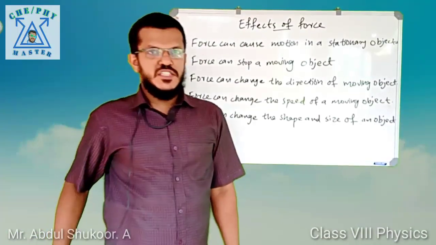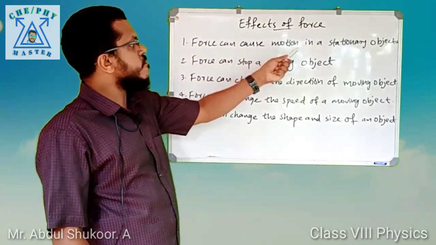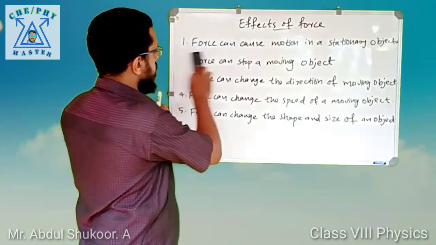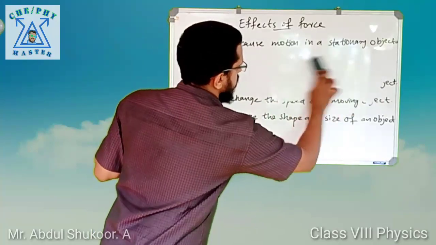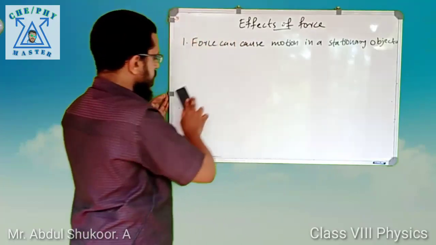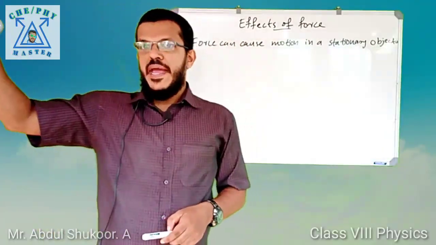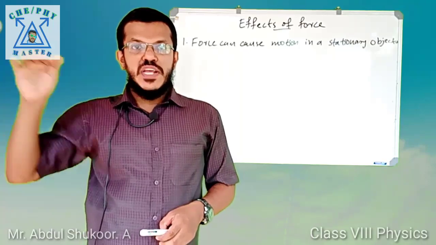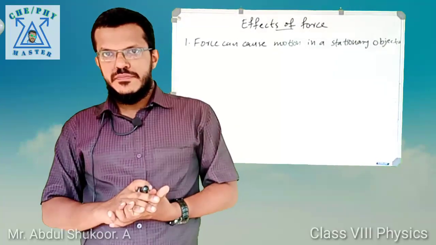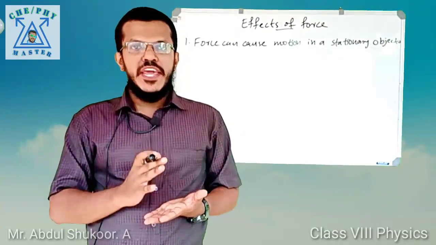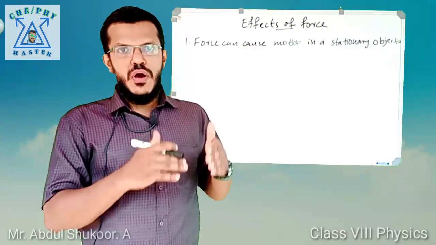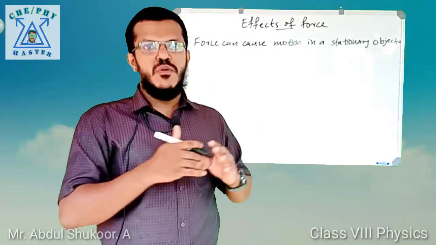First we are going to discuss the first point: force can cause motion in a stationary object. That means force can change the state of rest into motion. For example, a book is lying on a table, then you can move it by applying a force, that is, a push or pull exerted on this book.